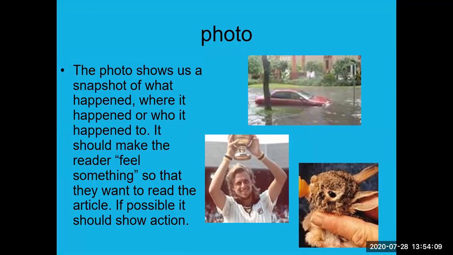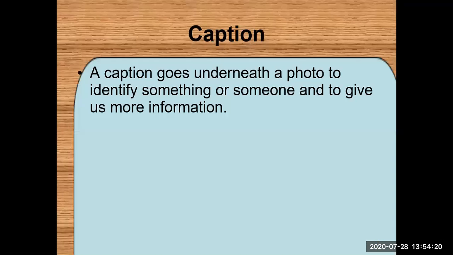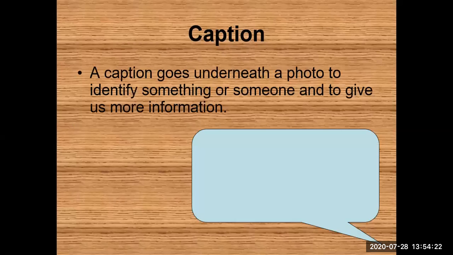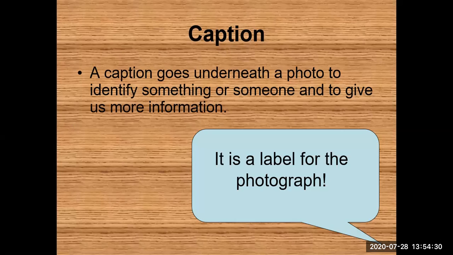It should make the reader feel something so that they want to read the article. If possible, it should show action, and the photo would have a caption. A caption goes underneath a photo to identify something or someone and to give us more information. So it is a label for the photograph.